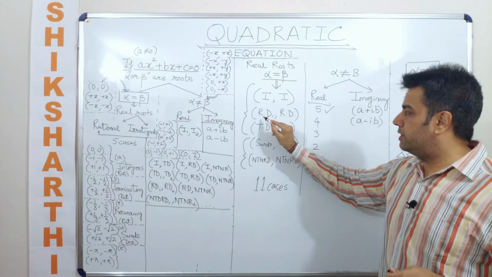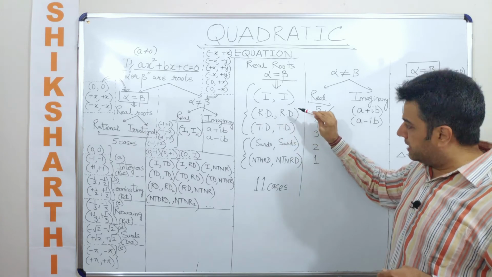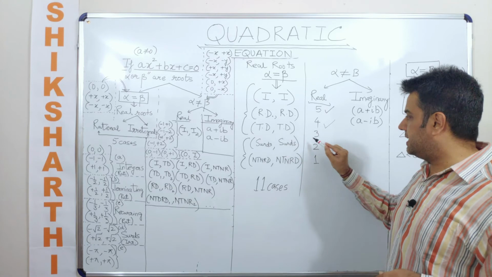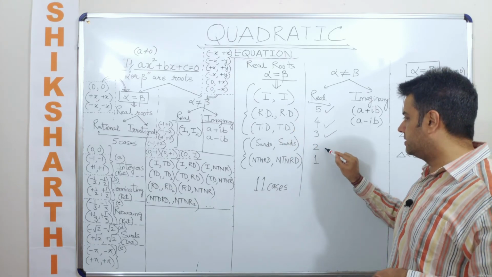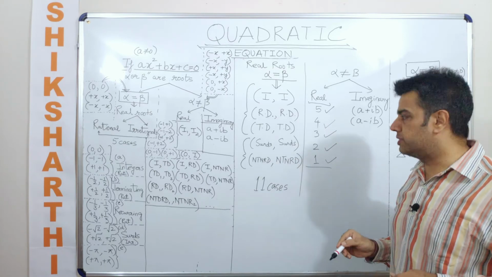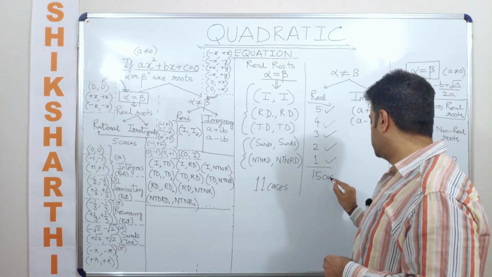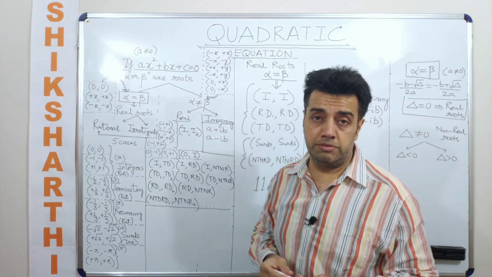Now if I take one of them as a recurring decimal, what are the other cases that I can take? I can take the other also as a recurring decimal, 1, 2, 3, 4. With a terminating decimal, how many cases can I take? 3, with surds and with this. So the total number of cases would be how many? Can I say 15 cases? Yes. So just give this a rethought.